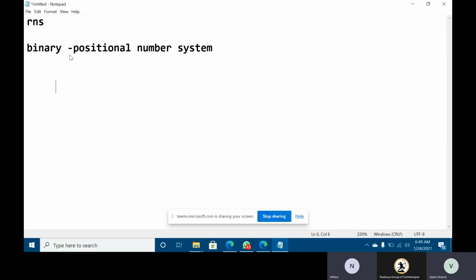Now, if we are going to add binary numbers, suppose I want to add 10101 and 1101. So what will we do here?